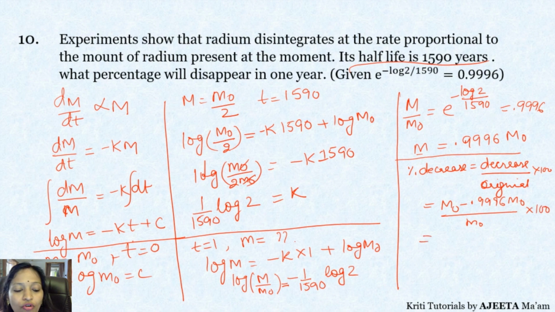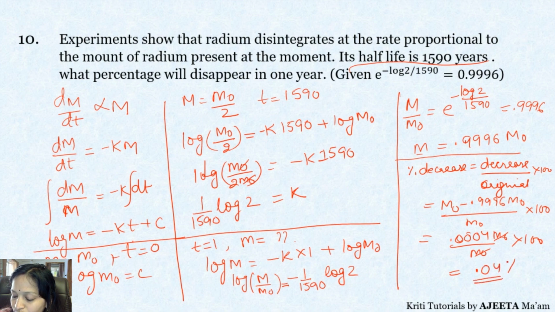So what will you get now on subtracting? 1 minus 0.9996. So 0.0004. M0 cancels out into 100. So what's your answer? Your answer is 0.04%. So that's your final answer. 0.04% only will disappear in 1 year because half-life is 1590 years.